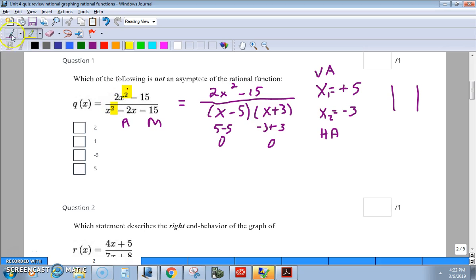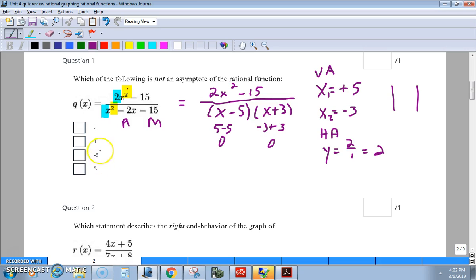It's the highest degree. Since both of them are degree 2, that coefficient, here it's 2, here it's 1, because we don't see it. If we just divide those coefficients, that becomes the horizontal asymptote. And so the horizontal asymptote is at 2 over 1, or just 2.